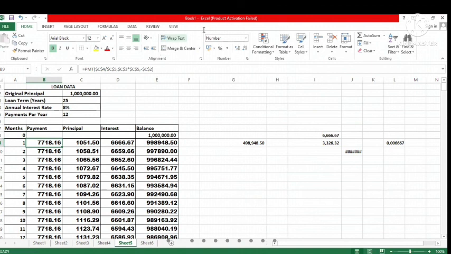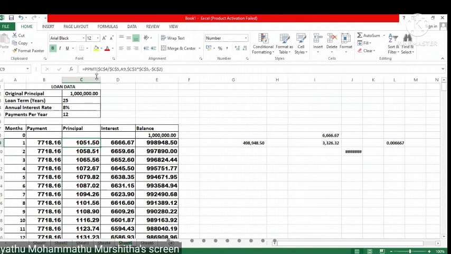Now I am placing the cursor for the payment, PPMT, for the principal amount. So for the IPMT and PPMT, nothing is changed, no difference. Only the PPMT and IPMT are changing. Other things are the same.